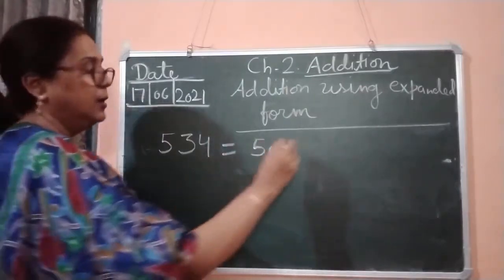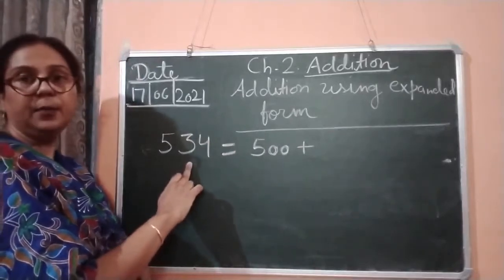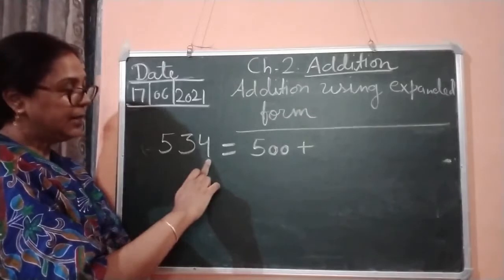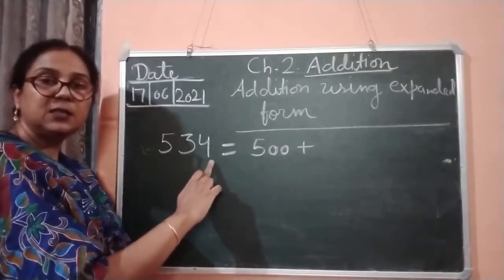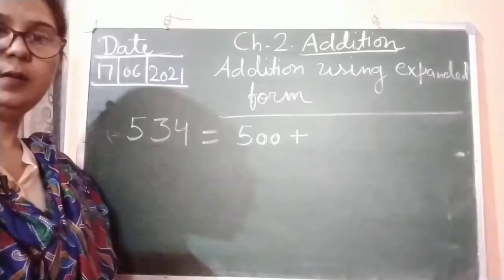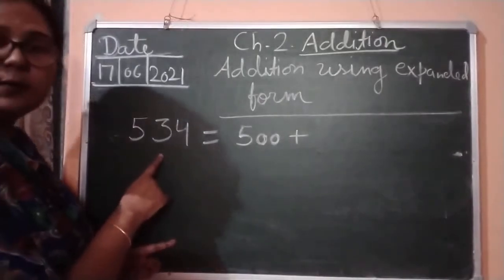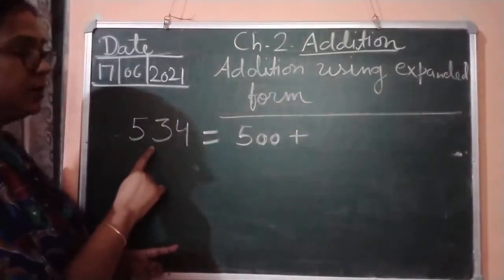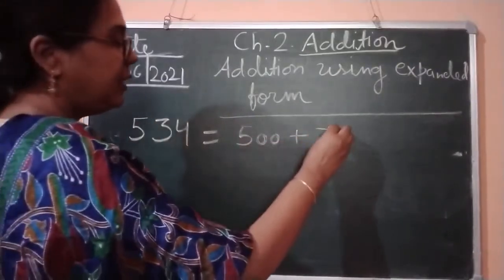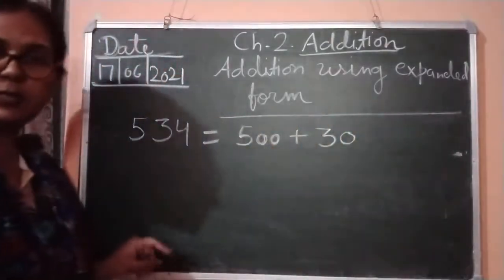Now just move to the second number. What is written over here? 3. And what is behind this? That is 4. It means this is ones and this is tens. Now 3 is coming at the tens place. Here you can see after that only one number is there. That is why we will write 30, because one number is there, so we add one 0.